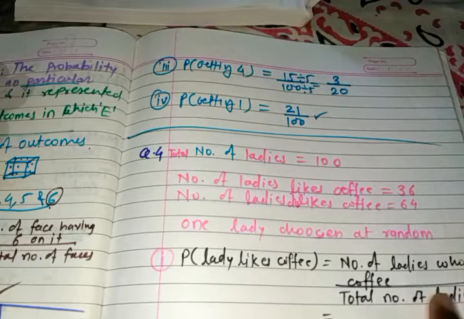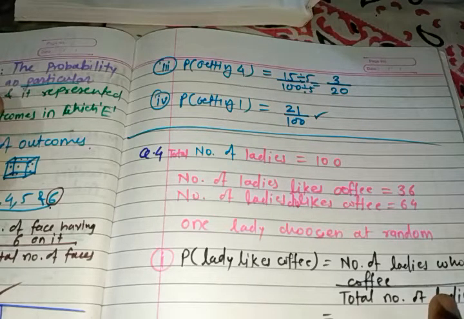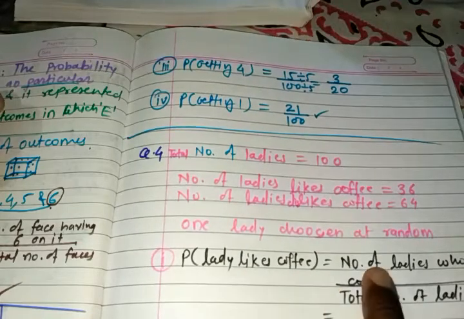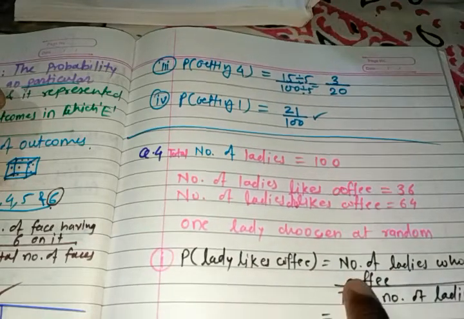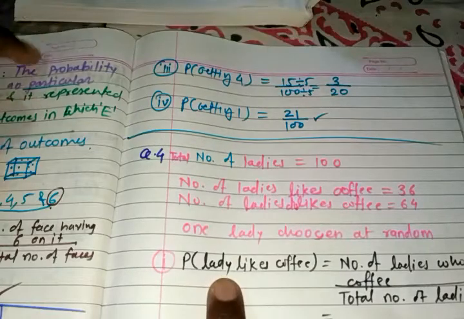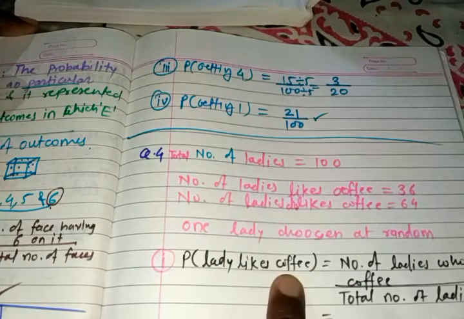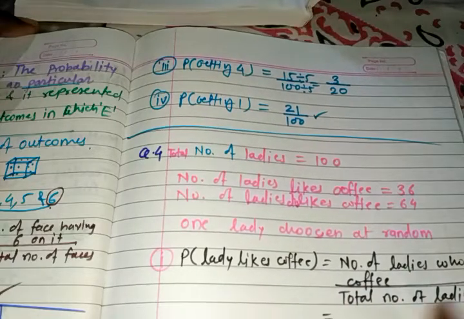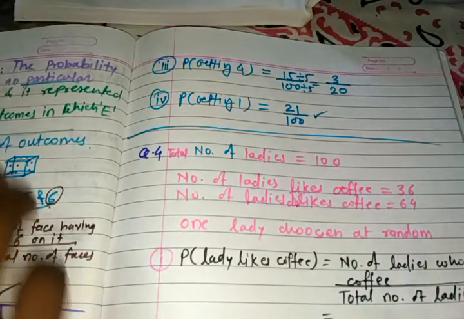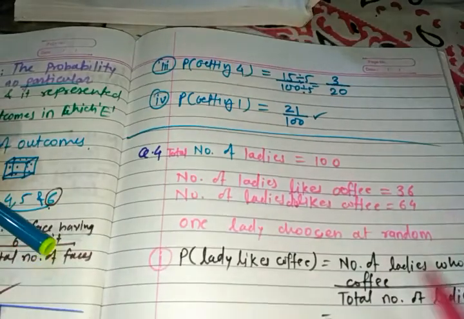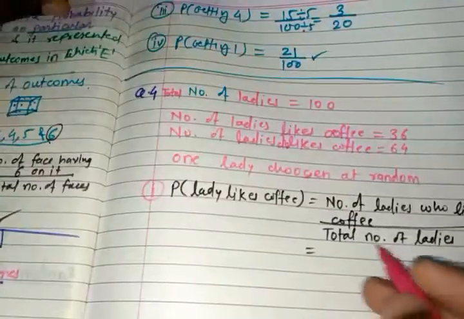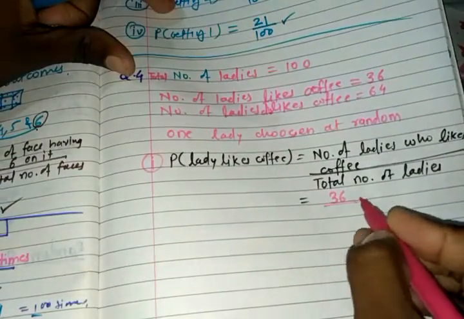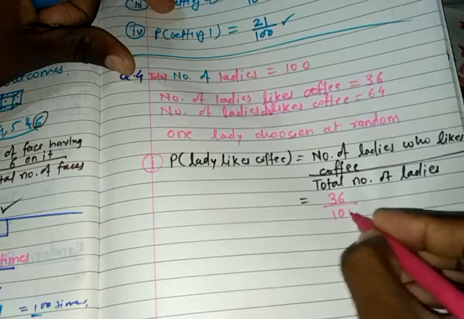Now we know the pattern for finding the probability of a given event. The given event is that the lady likes coffee. So we have to take the number of ladies who like coffee, because if we are finding the probability of liking coffee, then we take the number of ladies who like coffee out of the total number of ladies, right? The number of ladies who like coffee is 36, and the total is 100, right?